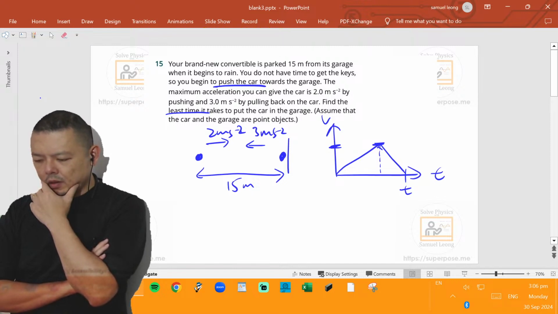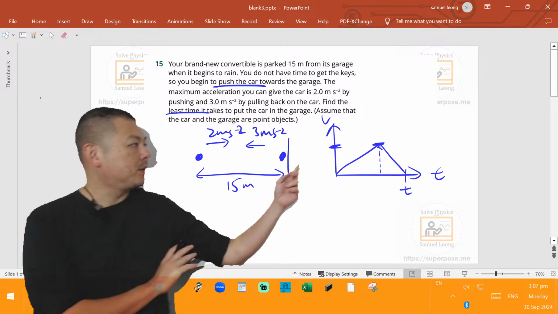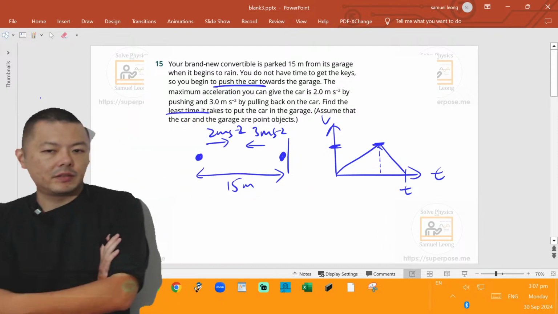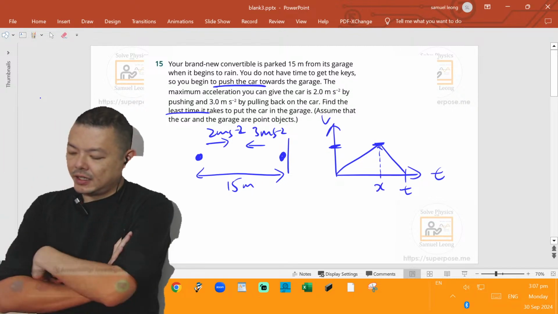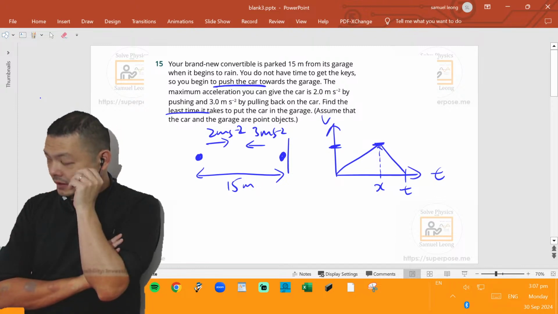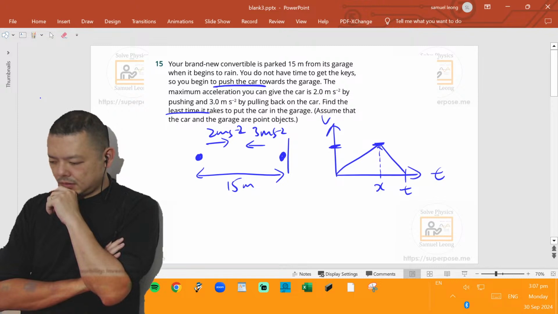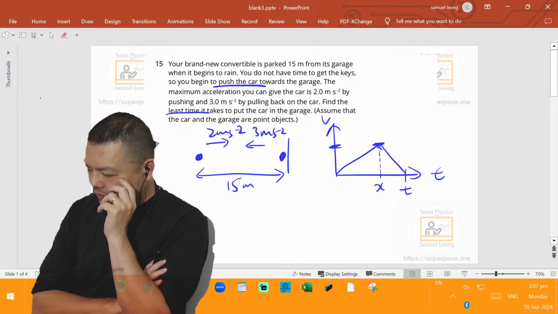What do you mean, you put this one as x? No, I just put it as t. Oh, at this point here, you put it as x, is it? So that means what?